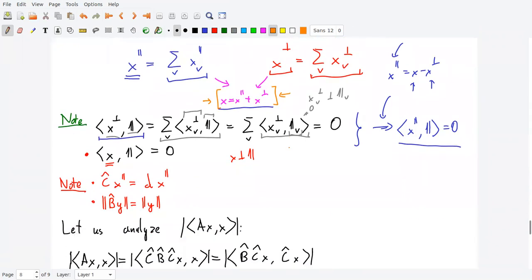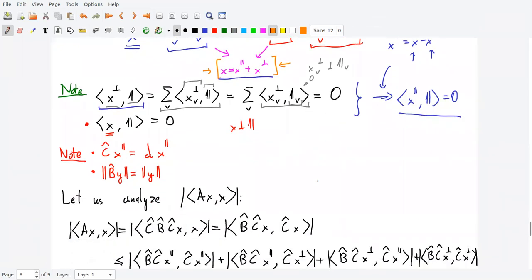Okay, so now we need to analyze what is this animal: the cross product of AX with itself, and the absolute value of this.